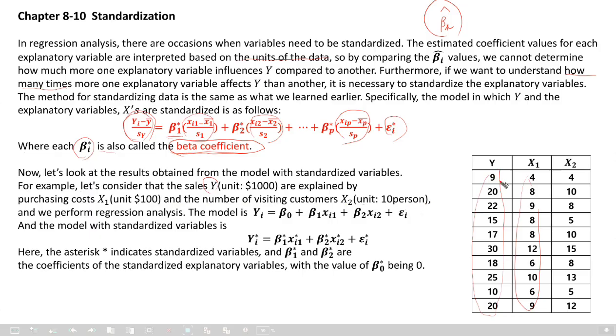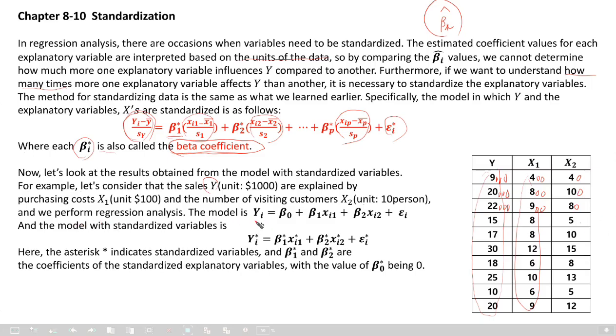So I collect this kind of data. Sales are 9,000, 20,000, 22,000, something like that. x1 is 400, 800, 900. x2 is 40 persons, 100 persons, 80 customers, right?